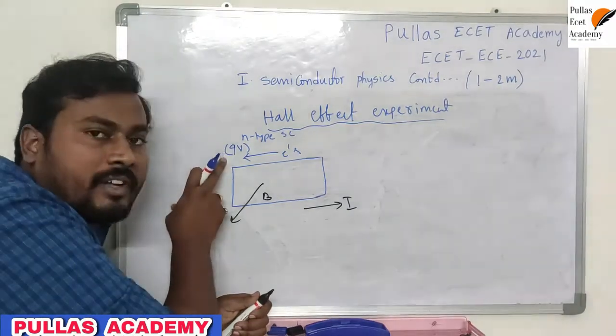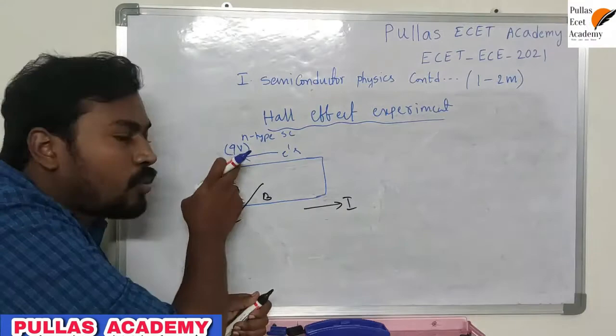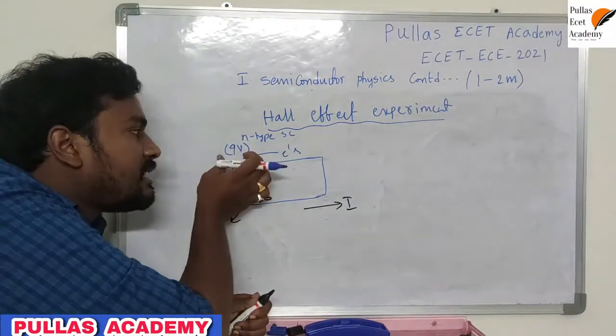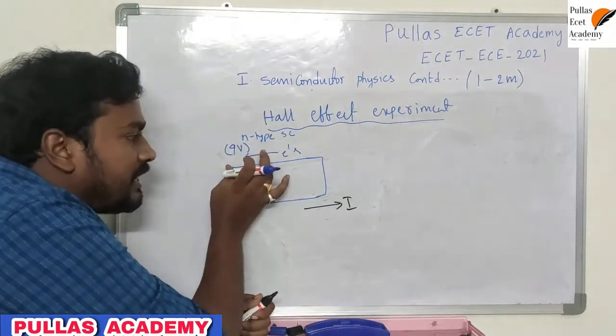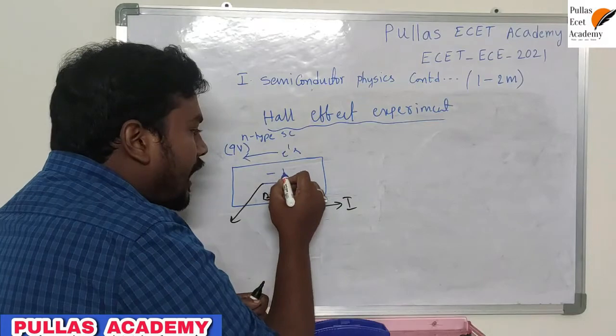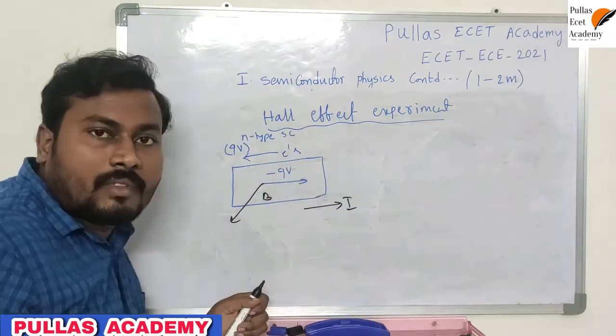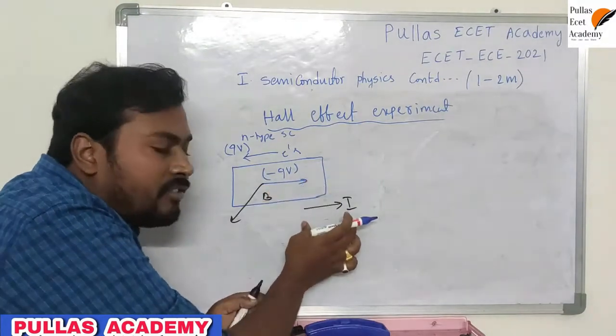If there are n electrons, the charge is nQ, and the velocity is V. So QV is the charge flow of electrons. If you take this charge flow in the same direction as I, we have to write minus QV. So this is the charge flow in the direction of current I.